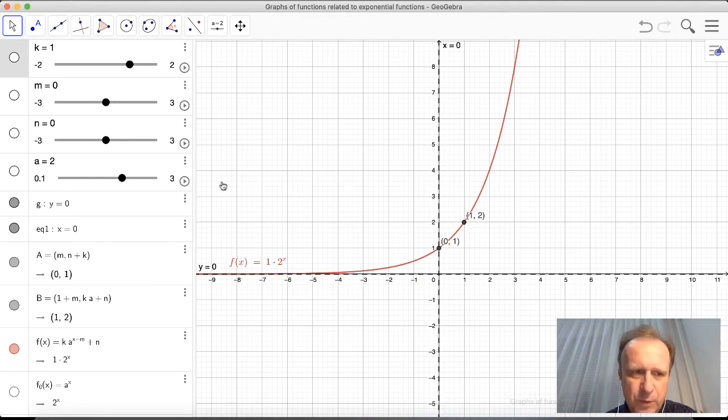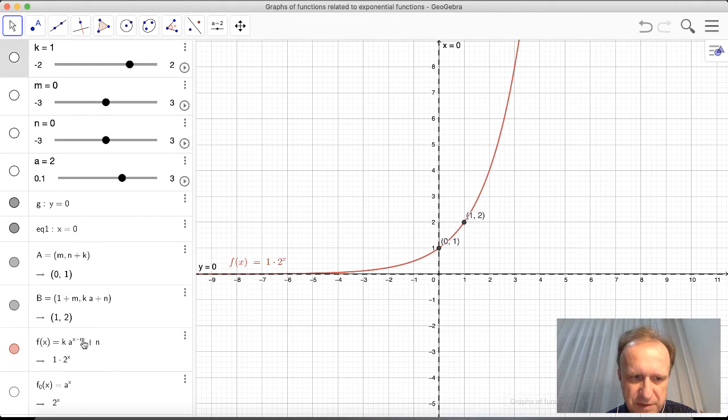Here I have a model of the exponential function in the form f of x equals k times a to the power of x minus m plus n, but my values for m and n are both 0.